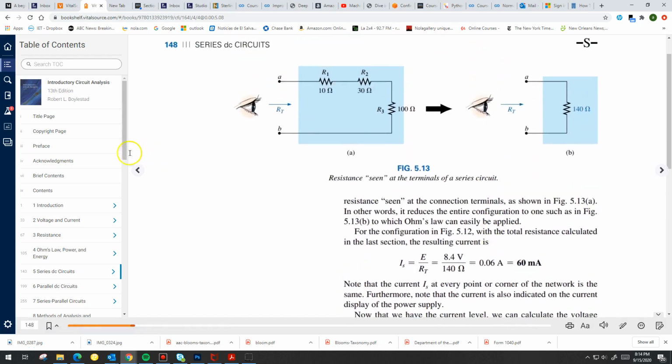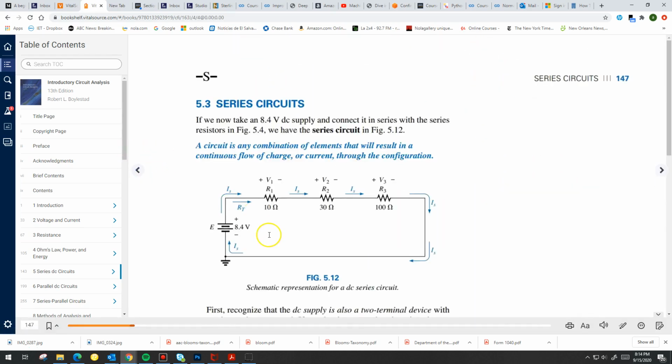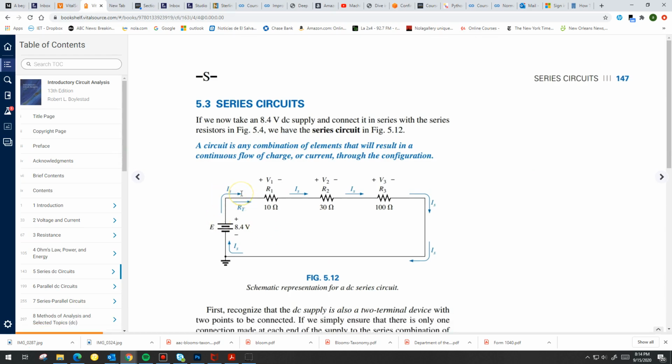So in this previous circuit, if you want to know what the source current is, the current coming out of the source, one way of knowing that is by using Ohm's law. Ohm's law says that the current is going to be the voltage divided by the resistance in the circuit.